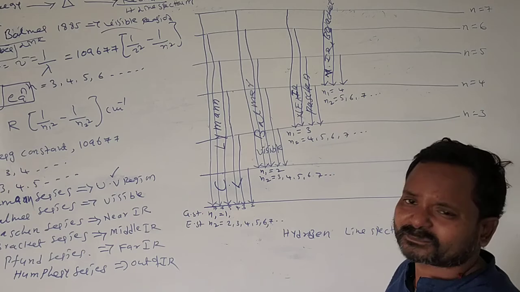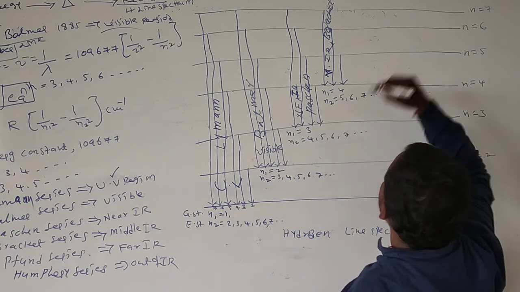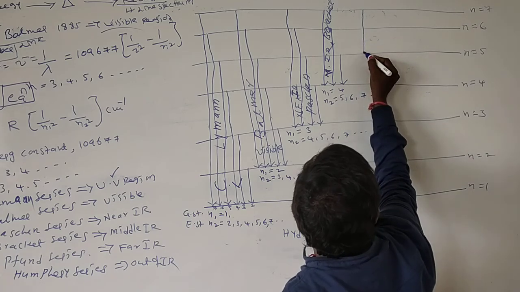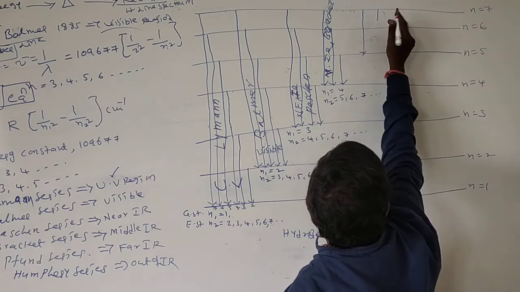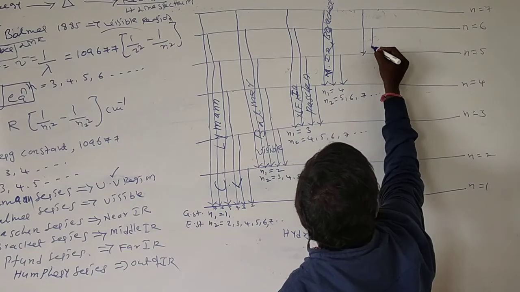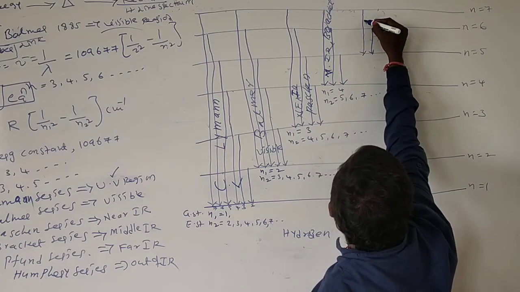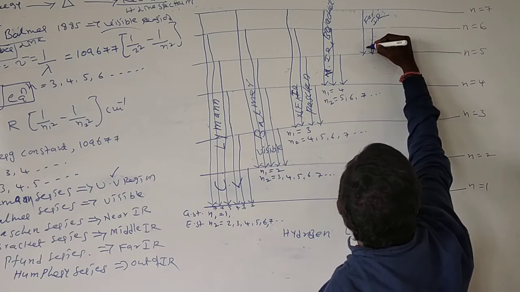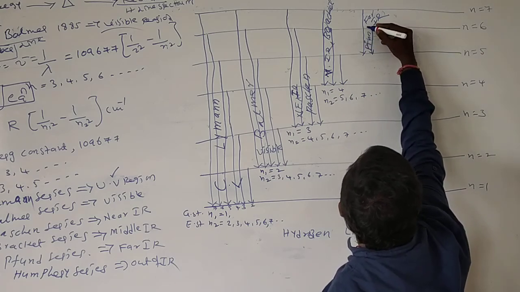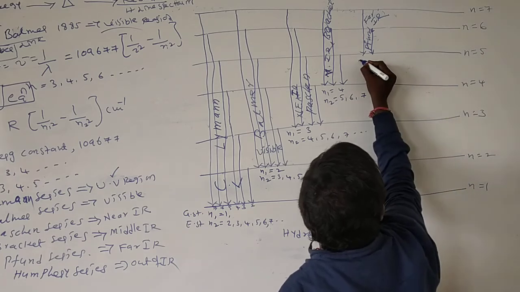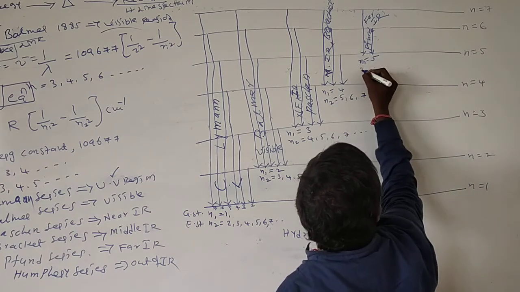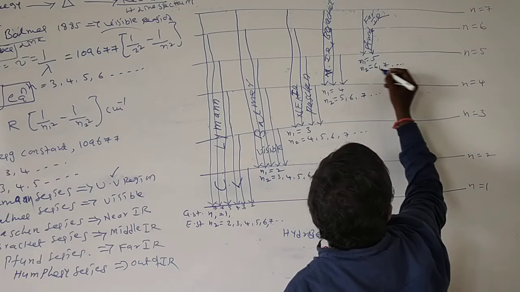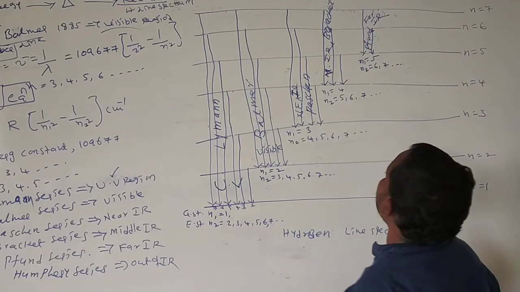Next, if an electron jumped from 7th to 5th, this is observed at the far IR region, and here we call it Pfund series of lines. Here n1 is equal to 5, n2 is equal to 6, 7, and so on.